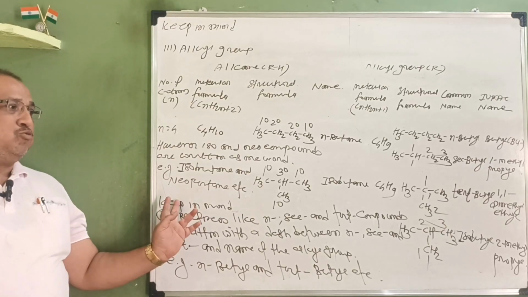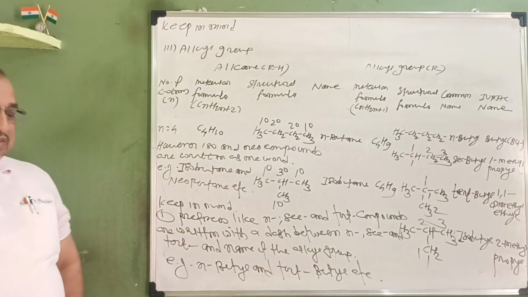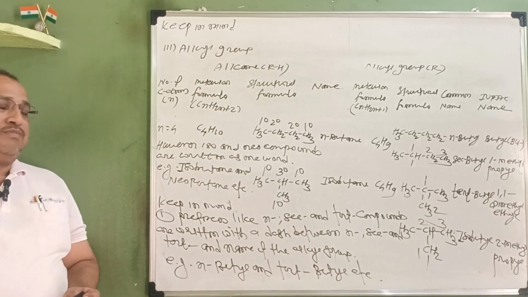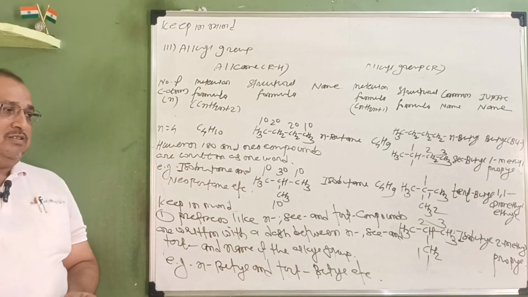Ethane contains two carbon atoms, but it forms only one alkyl group because the nature of both carbon atoms is the same, that is primary.